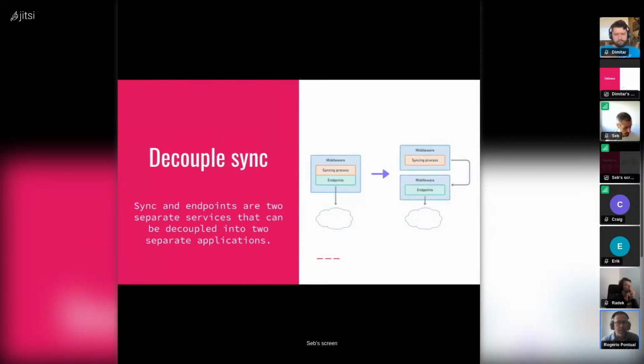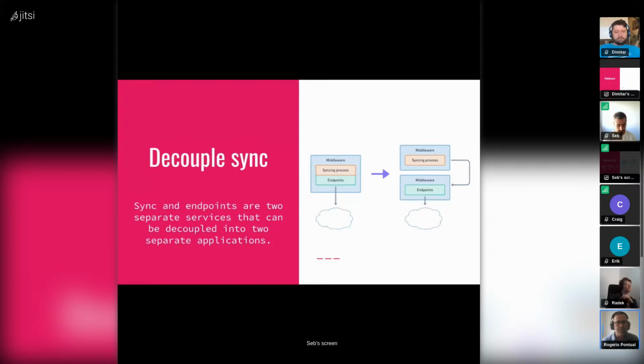This will be a big feature that we're gonna implement, because currently a single machine is responsible for both syncing and serving all the endpoints, HTTP and WebSockets. And we know this is resource consuming, right? Syncing, you need to calculate a lot of hashes, and we have a node that runs alongside the middleware.